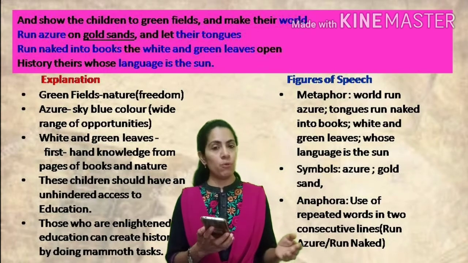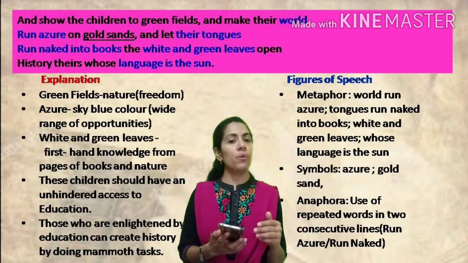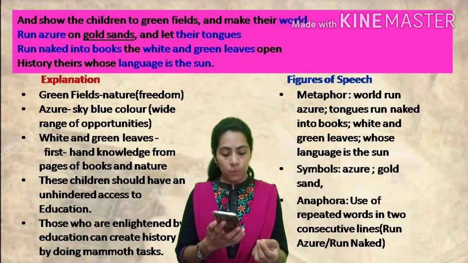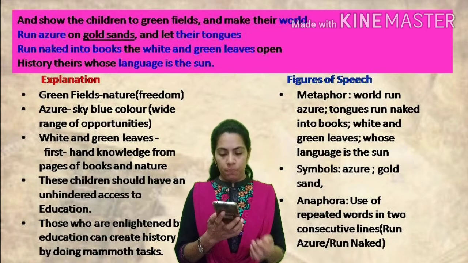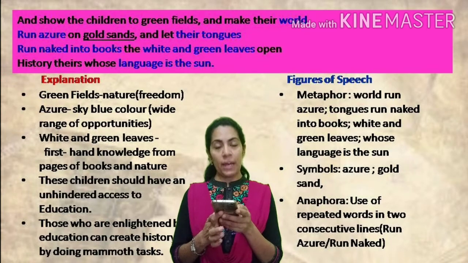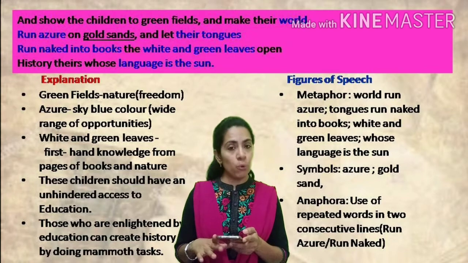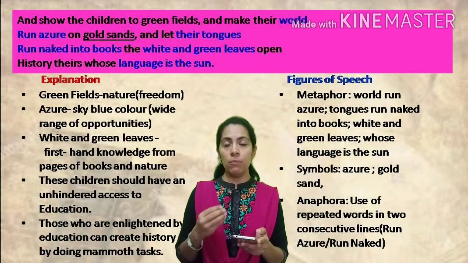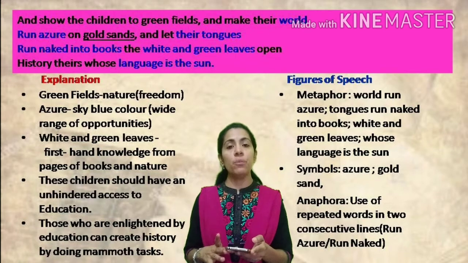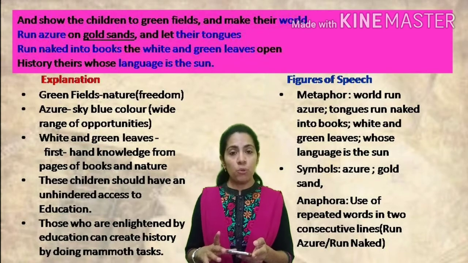So, white and green leaves open. White leaves are referring to the leaves of the books, the pages of the books, and green leaves means nature. History belongs to those whose language is sun. Now, history belongs to those whose language is powerful. Language here doesn't only mean the verbal communication that you do. Language here means the knowledge, the education that you're getting.